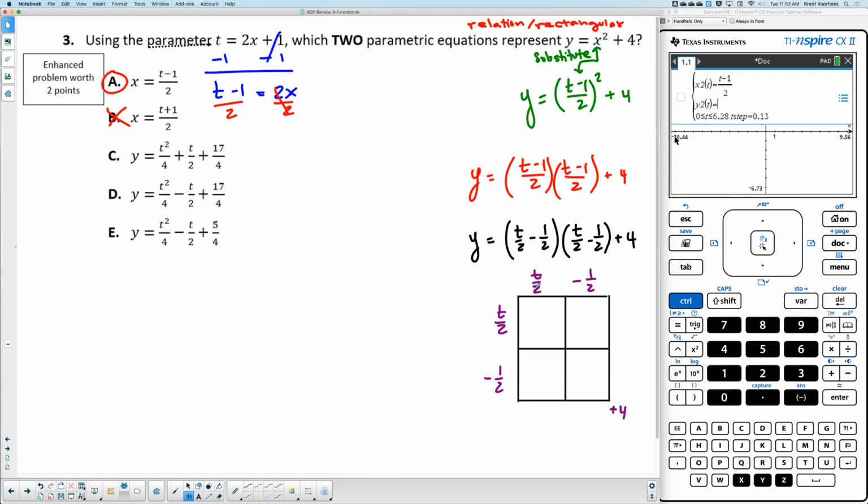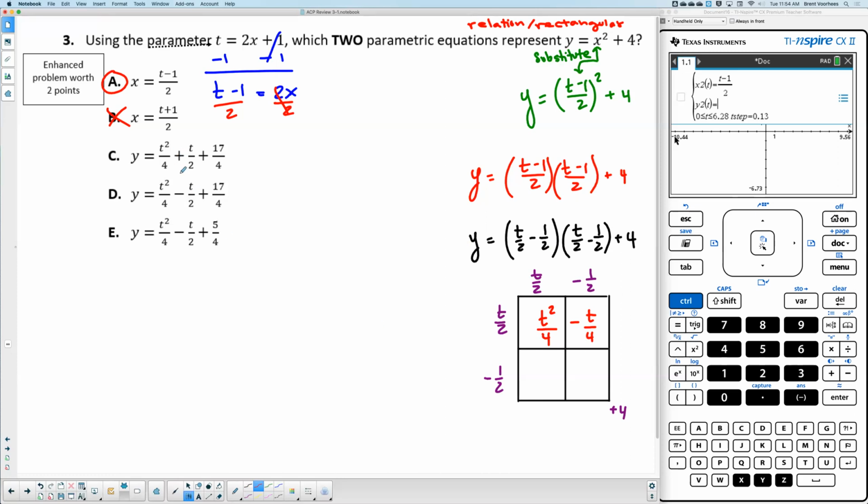So t over 2 times t over 2. Well, t times t is t squared. What is 2 times 2? 4. So, can't eliminate anything. Okay, t over 2 times -1/2: I have a negative, t times 1 is t, and 2 times 2 is 4.